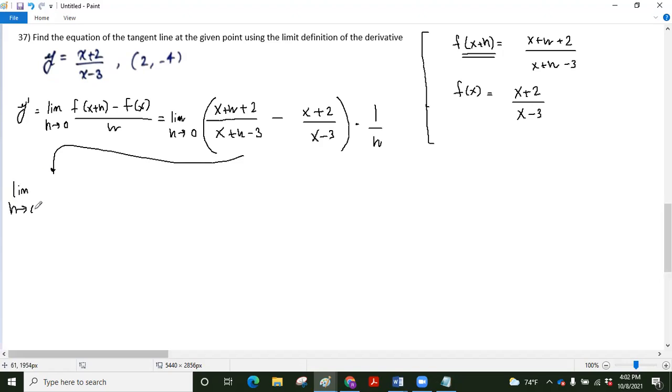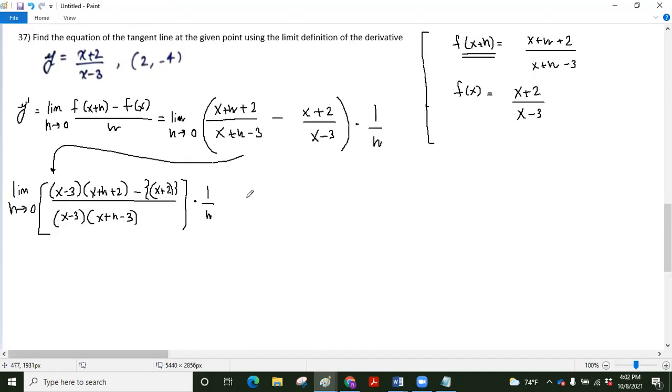Now we'll just need to simplify really. So this will be x minus 3, x plus h minus 3, and x minus 3 here, x plus h plus 2 minus x plus 2, which is the limit as h approaches 0.